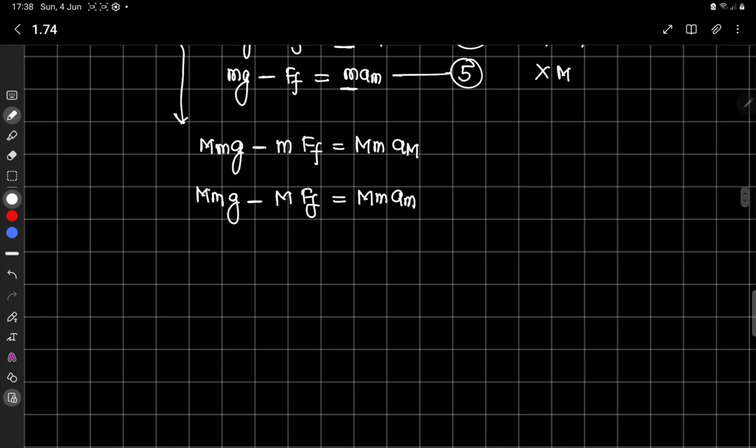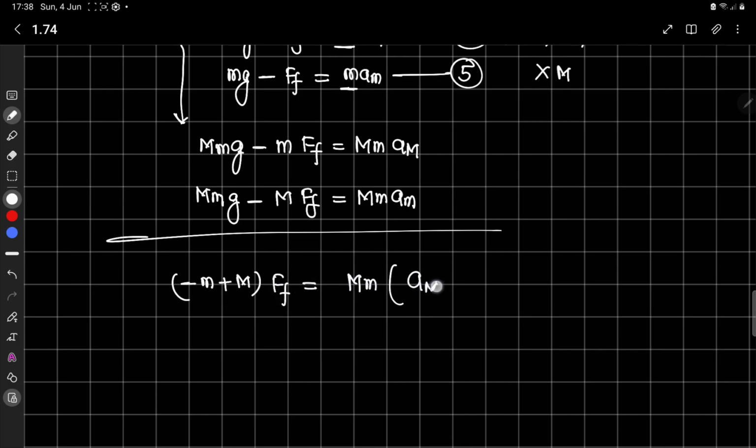Let us subtract these two equations. This will get cancelled and then we will get minus m plus capital M into F is equal to Mm into A_M minus a_m.